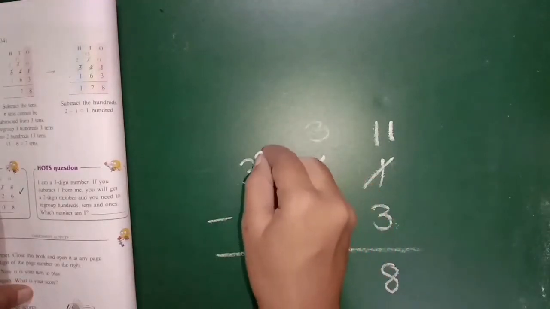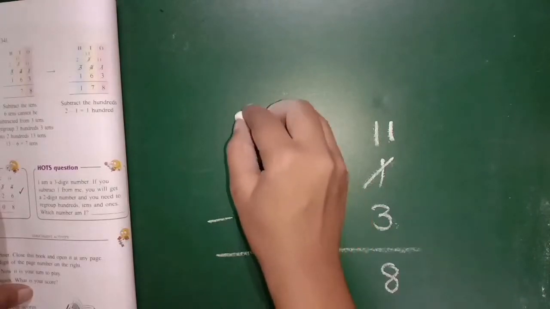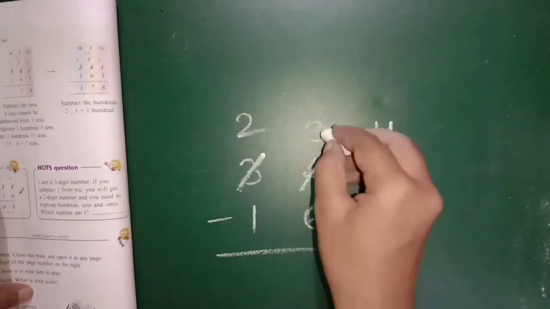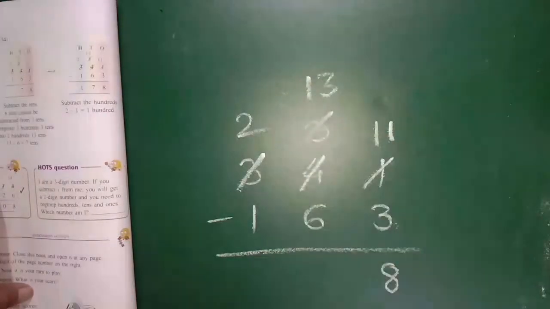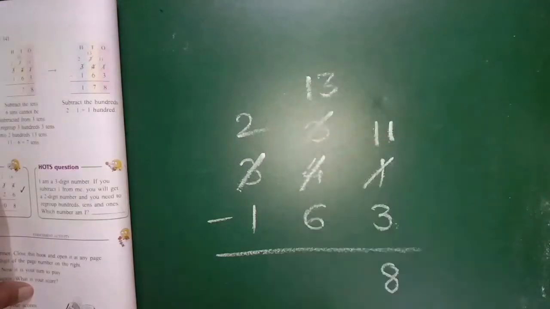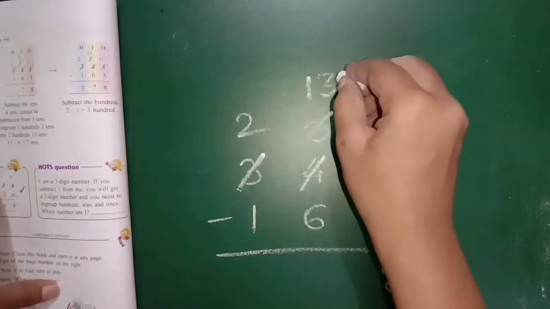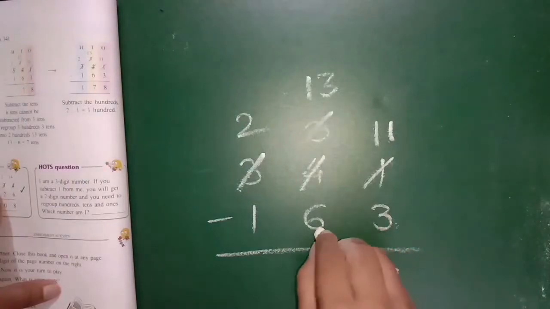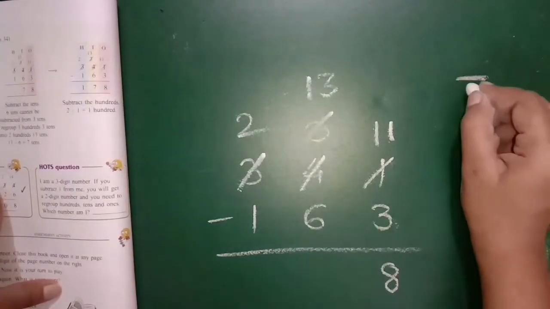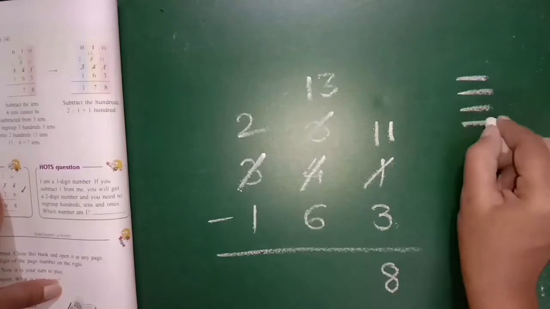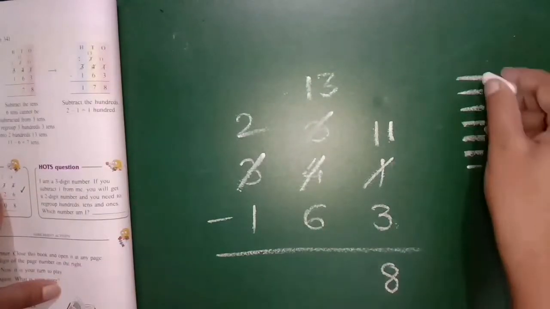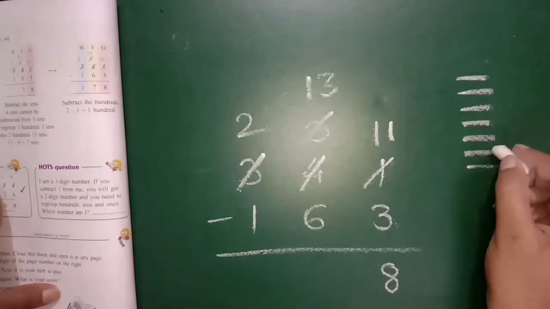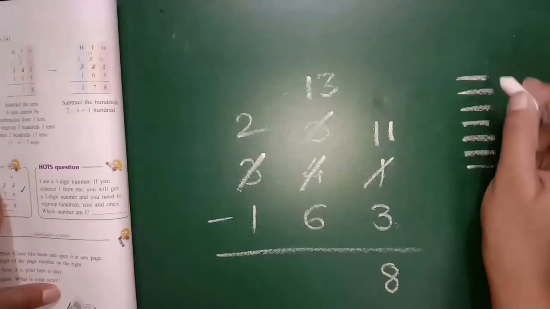So cut this 3 and write here 2, and 3 will become 13. Okay. Now we can subtract 6 from 13. So again count to 13 after 6. 7, 8, 9, 10, 11, 12, 13. How many lines are here? 1, 2, 3, 4, 5, 6, 7.